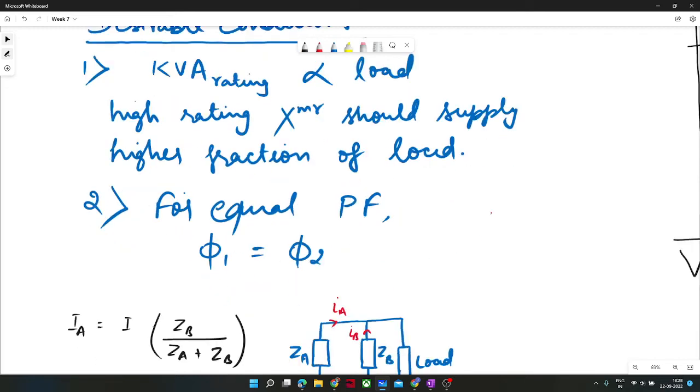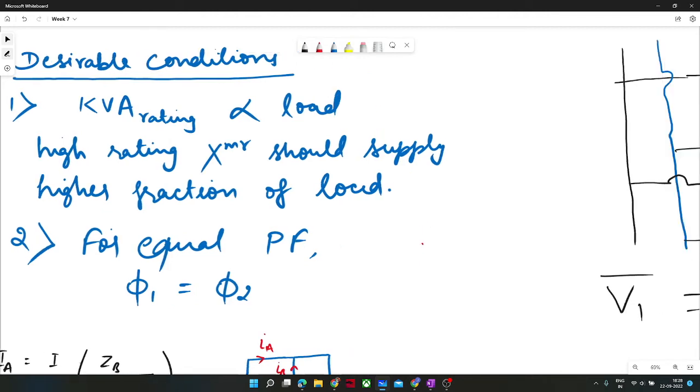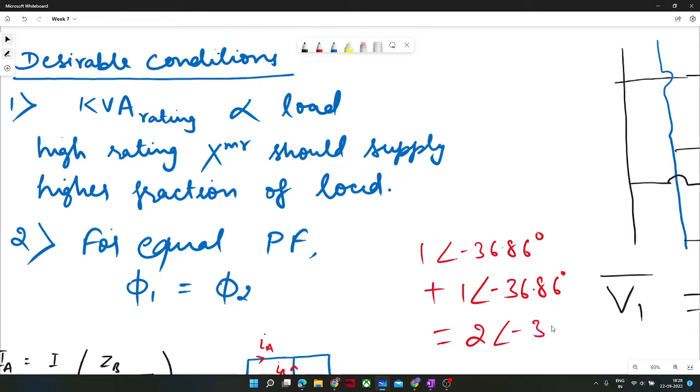Let's say one transformer is supplying 1 pu of power at 36.86 power factor lagging, and another is also supplying the same. So the load power, we can just add as a scalar, right? That is the benefit of equal power factor. So these two conditions are desirable. If you have them, it is very good. Otherwise, you can manage.